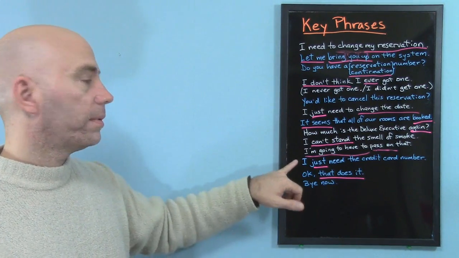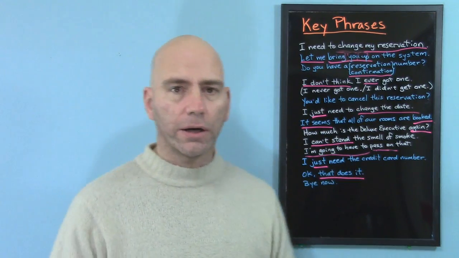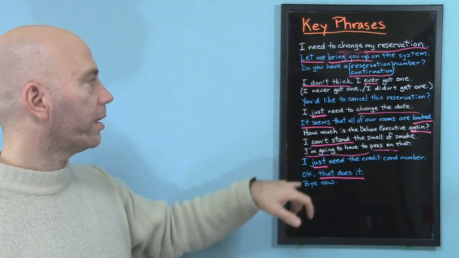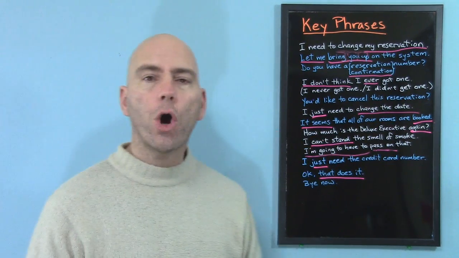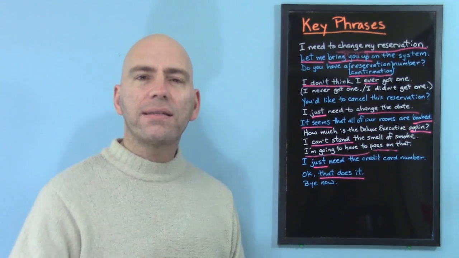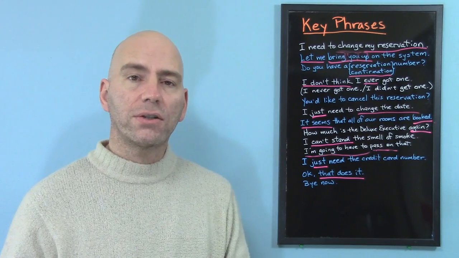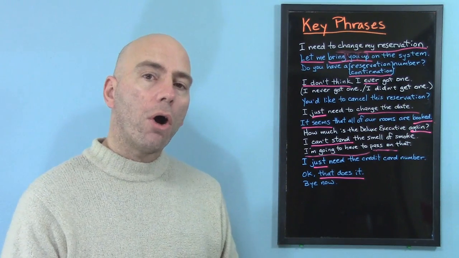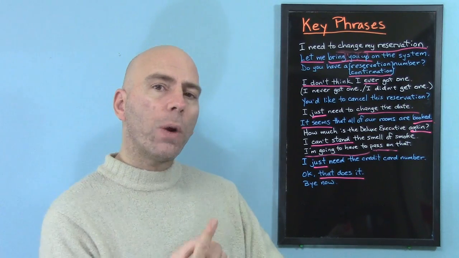Pierre said, okay, I just need the credit card number. Okay, also here, just, same thing, only. So here he's saying, I only need the credit card number. It means that the call is almost finished. I have all the information I need, and now I need one more thing.